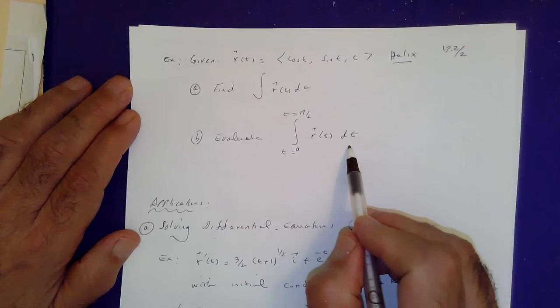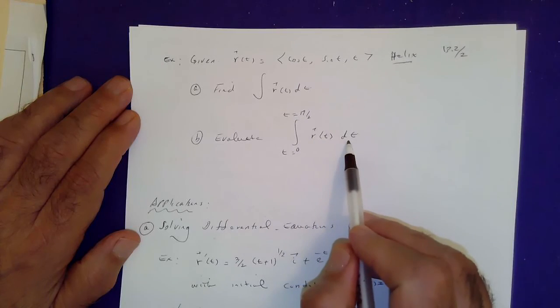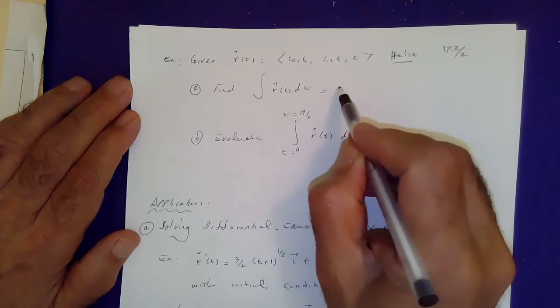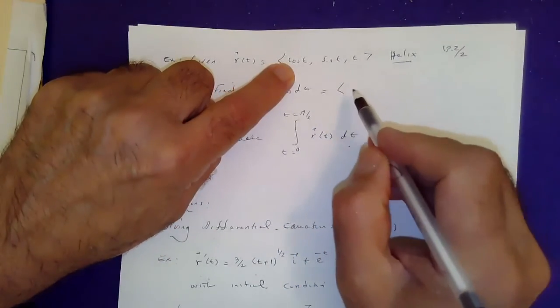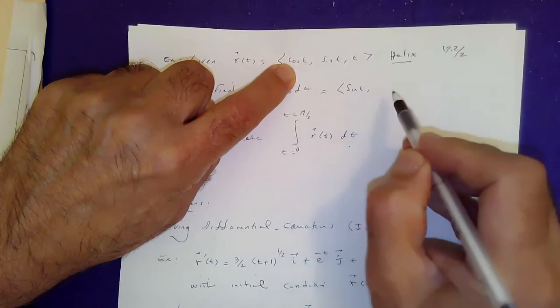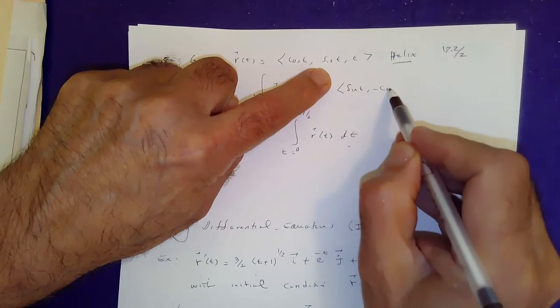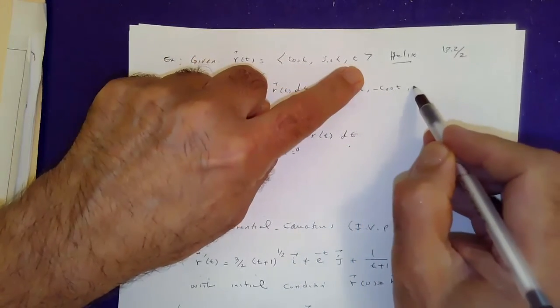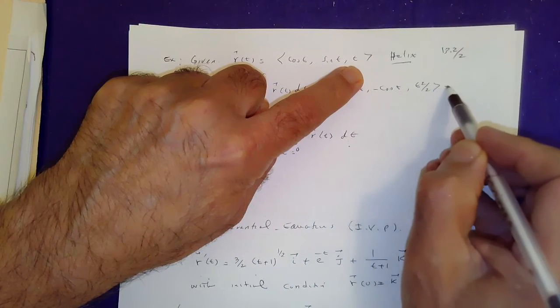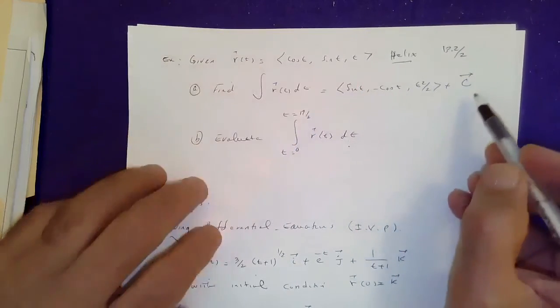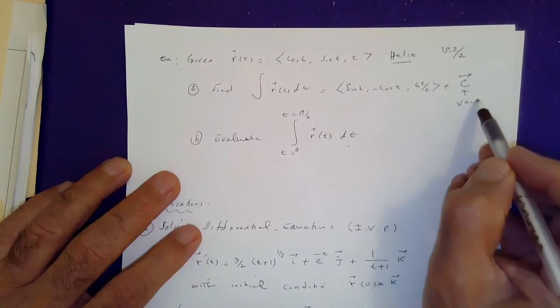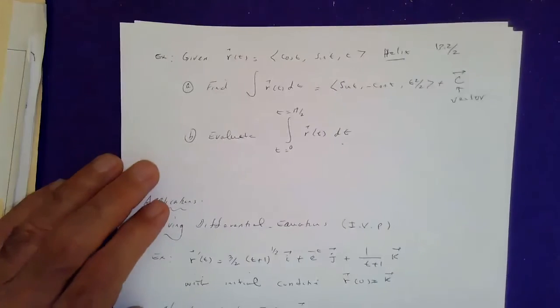Remember, we take the antiderivative with respect to t. So this would be the antiderivative of cosine, which is sine, the antiderivative of sine, which is negative cosine, the antiderivative of t, which is t squared over 2, but don't forget the constant, which happens to be a vector, correct?